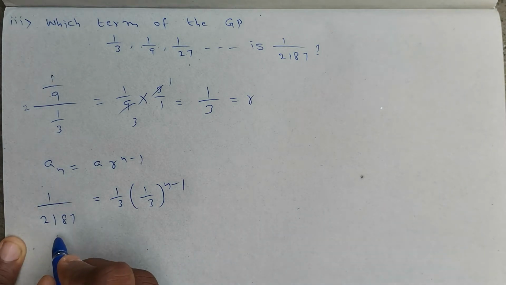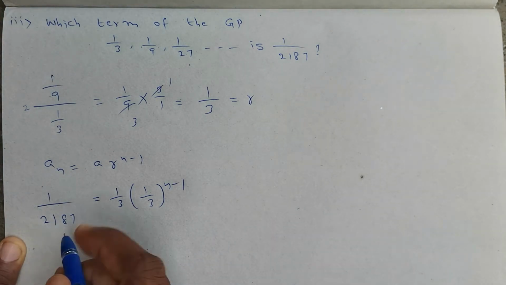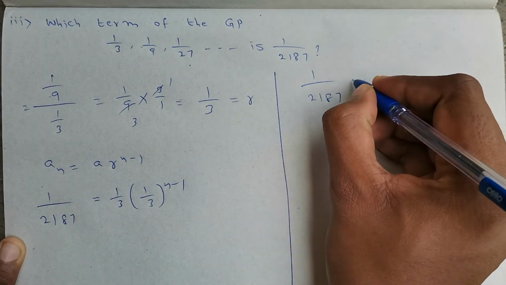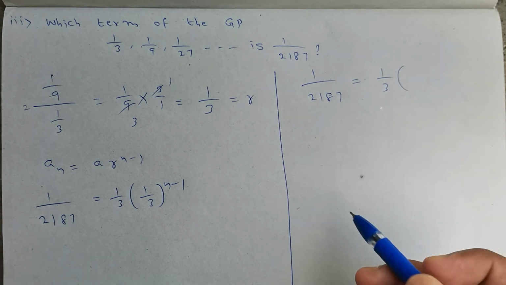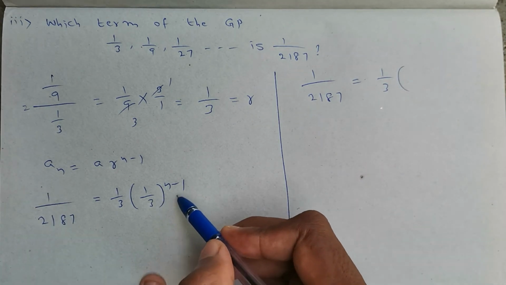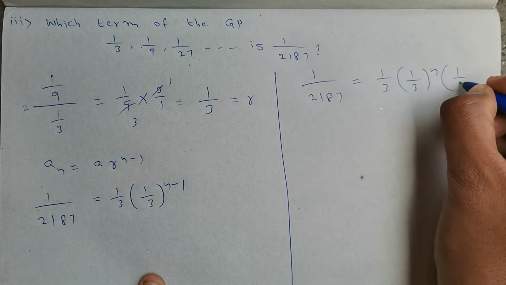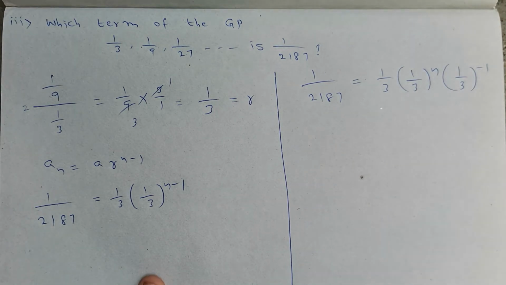Now here 1 by 2187 as it is, is equal to 1 by 3 into 1 by 3 whole power n minus 1, which can be written as 1 by 3 power n into 1 by 3 power minus 1.